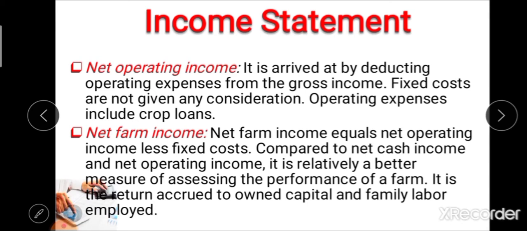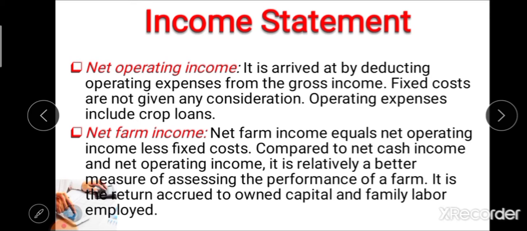After that, the next one is net farm income. Net farm income equals net operating income less the fixed cost. Compared to net cash income and net operating income, it is a relatively better measure of assessing the performance of the farm, and it is the return accrued to own capital and family labor employed.